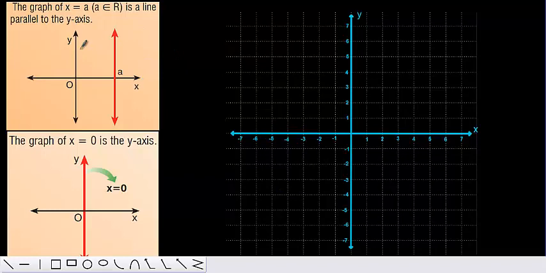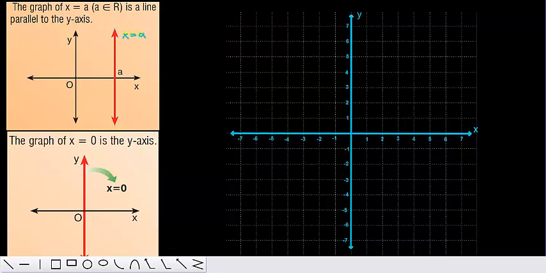If it is parallel to the y-axis and passing through the point a, x is equal to a, then this line is named as the x is equal to a line.